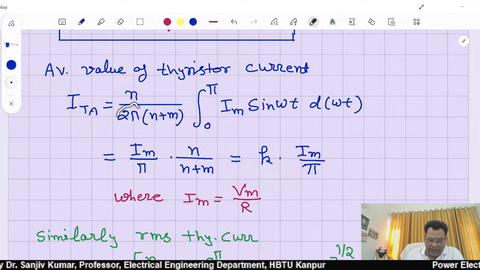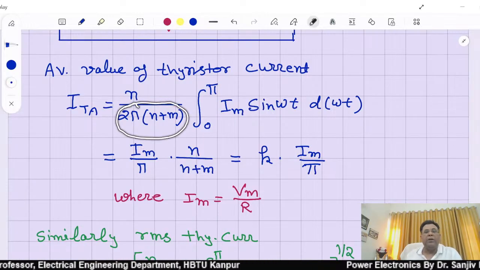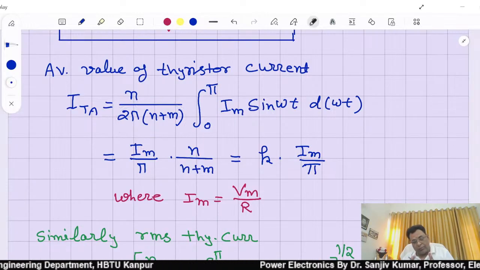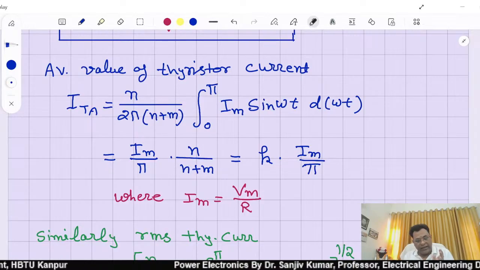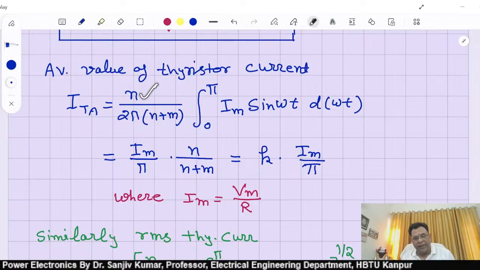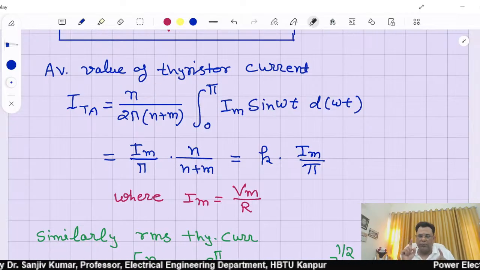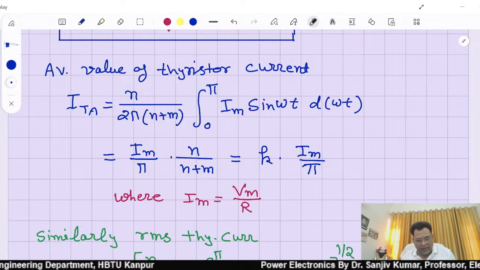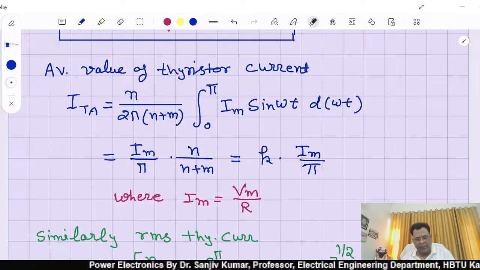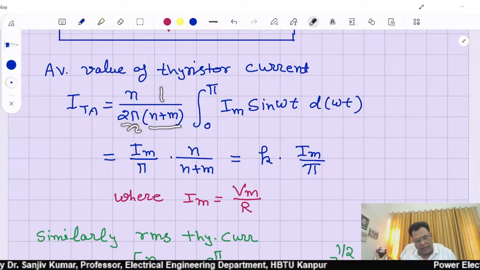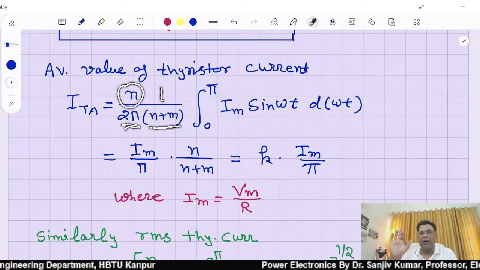Although the period is 2 pi times (n plus m), and the on cycle is repeating for n times, right? The total current flowing is half in T1 and half in T2. So our total time period has n cycles on and m cycles off, so 2 pi times (n plus m), out of which n cycles are on.